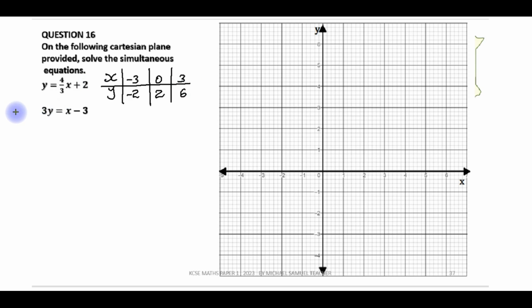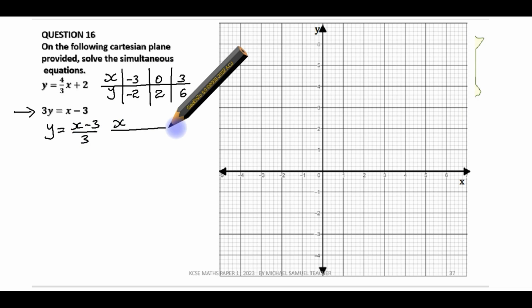For the other equation, 3y is equal to x minus 3. This is the same as y is equal to (x minus 3) all over 3. So we also get the corresponding values of x and y. Make a table. Get points near the origin. Since this is over 3, we get values of x which will be divisible by 3. So one of them, we can have 0.